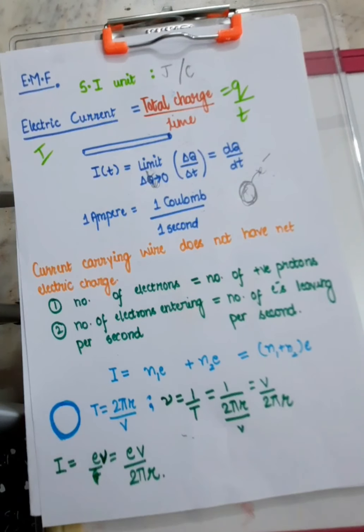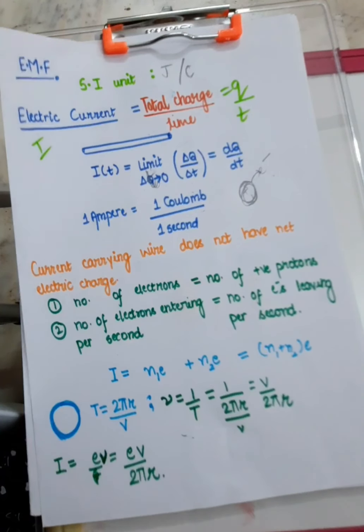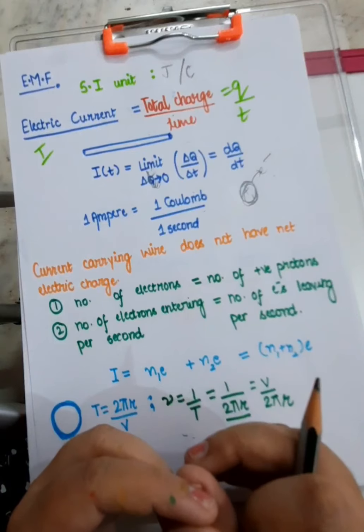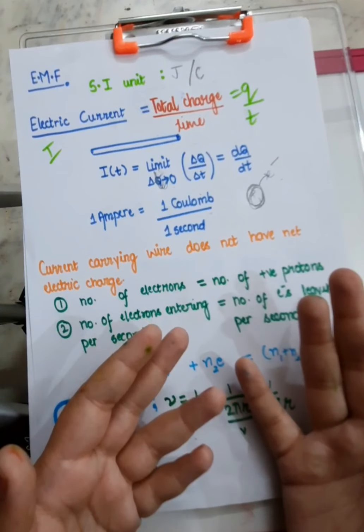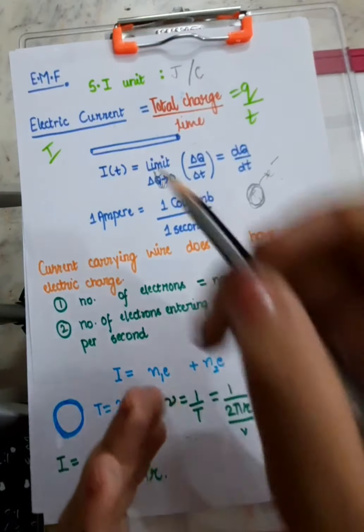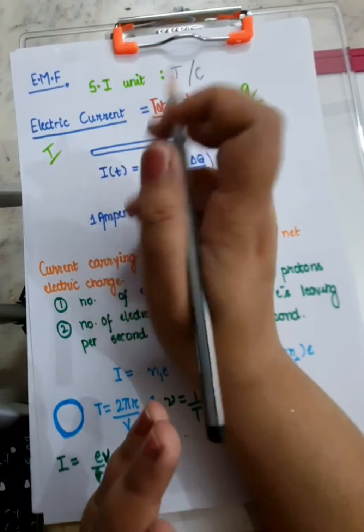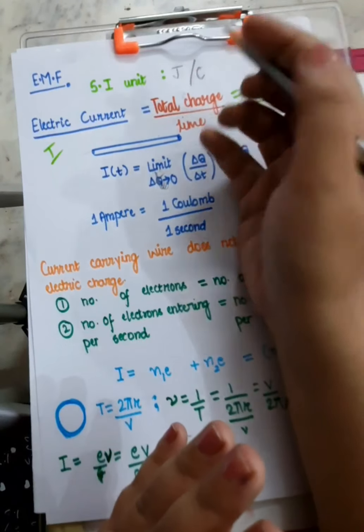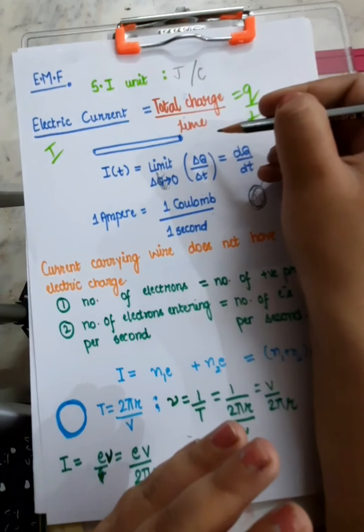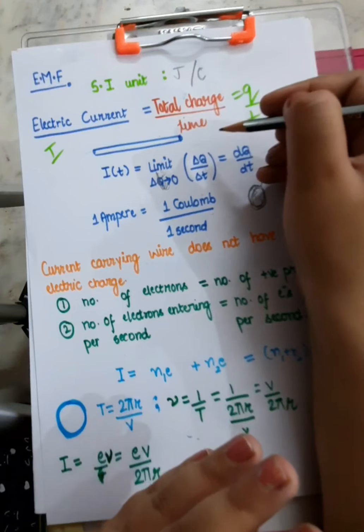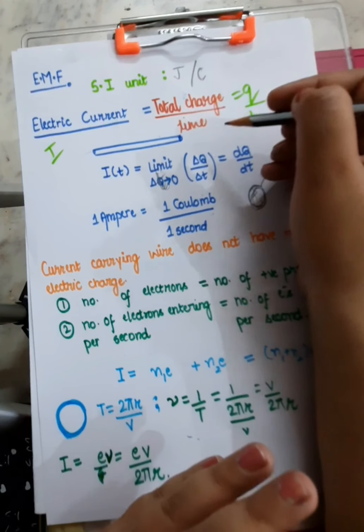So it is not wrong to say that the net charge residing inside that wire is practically zero, right? And one more thing, the number of electrons entering per second in that wire is equal to the number of electrons leaving per second through that wire, because charge can neither be created nor destroyed.